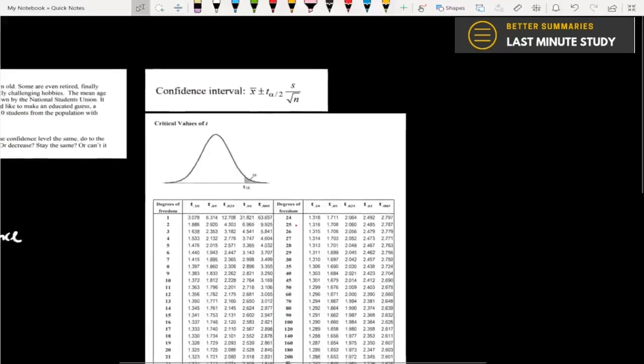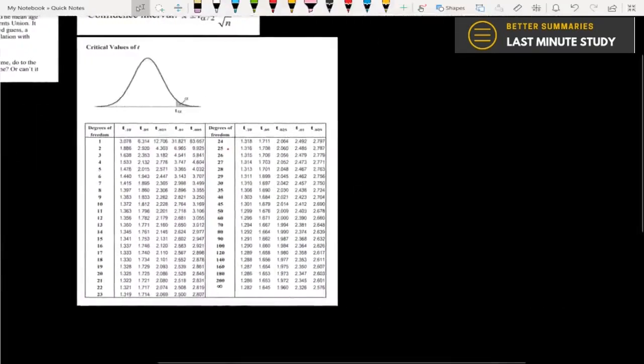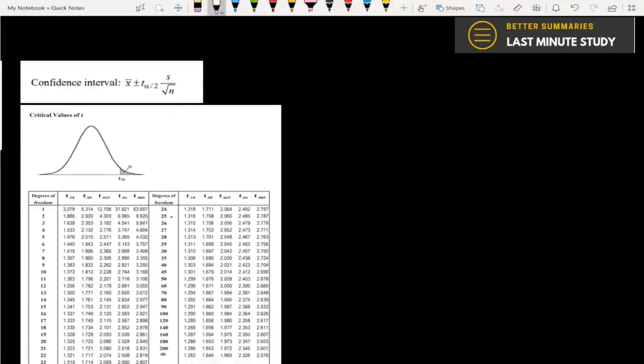What was x bar? We had an x bar of, let me check, 48.5. And then plus minus t. What's alpha?